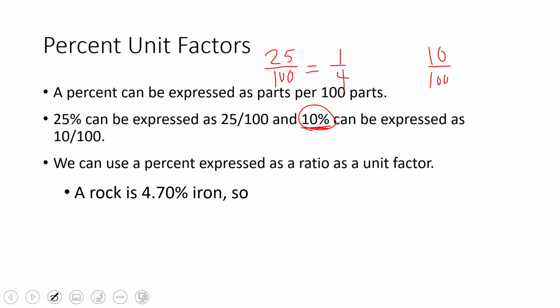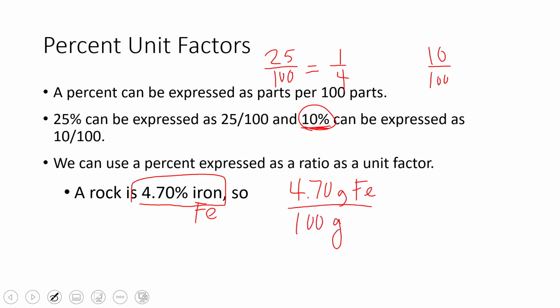So if I was told that a rock was 4.70% iron, Fe, I could also say that a rock had 4.70 grams of iron for 100 grams of the whole rock sample.